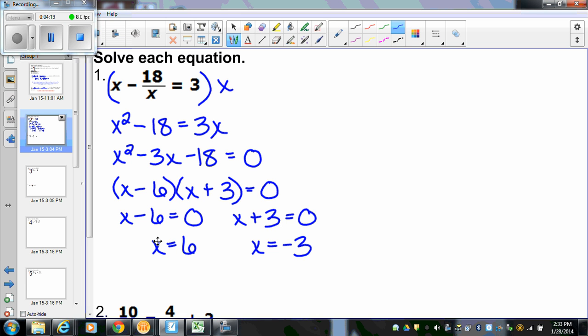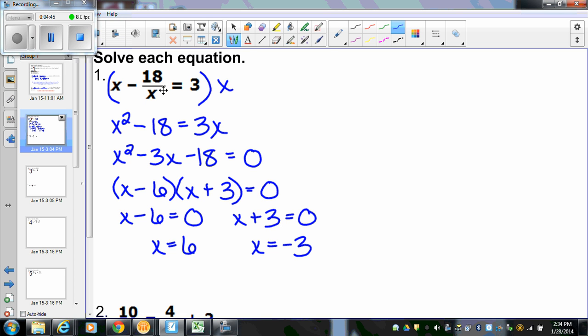Now, the part about checking for extraneous answers: what you need to do is take every answer you get down here and make sure that it would not make any of the rational expressions from your original problem undefined. So what would make a rational expression or a fraction be undefined? Hopefully you're thinking to have 0 in the denominator.